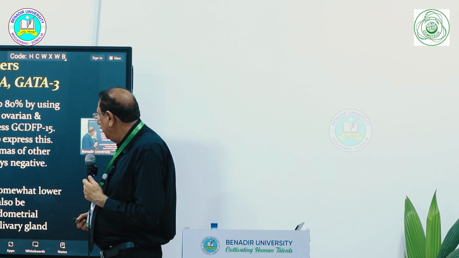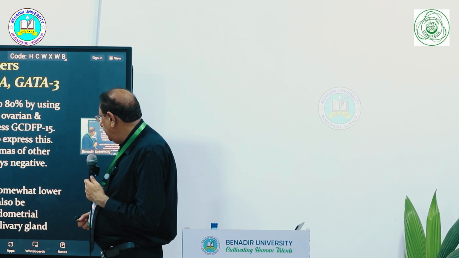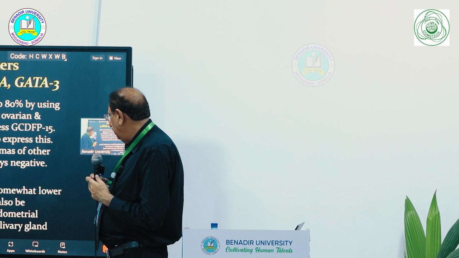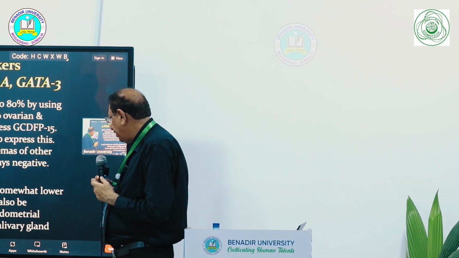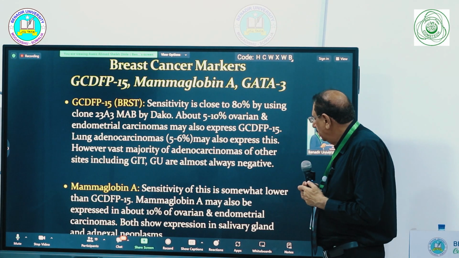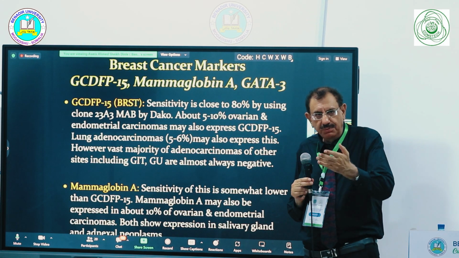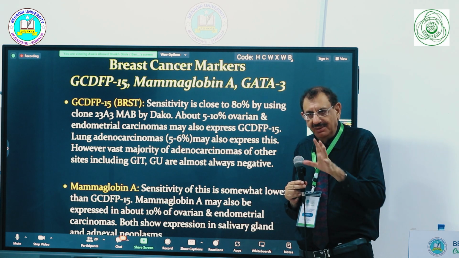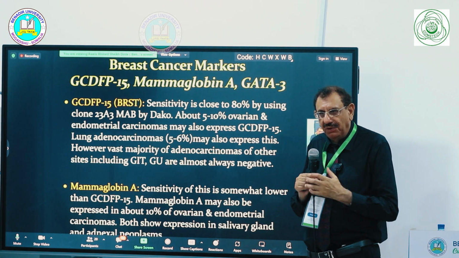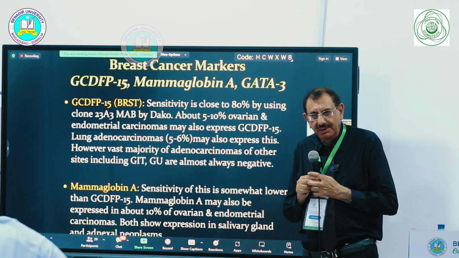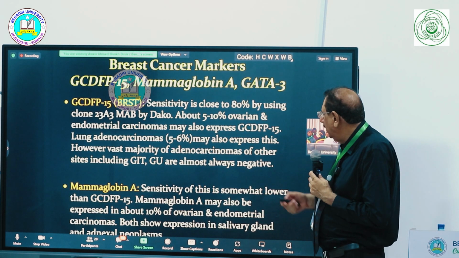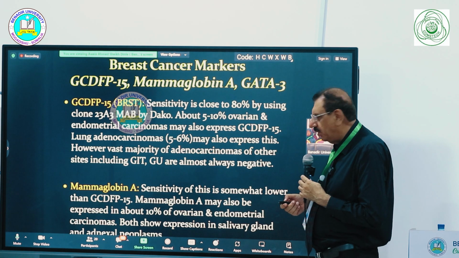Mammaglobin A, sensitivity of this is somewhat lower than BRST, and it may also be expressed in about 10% of ovarian and endometrial carcinomas, right? So again, when you start your immunohistochemistry and you want a critical number of antibodies you would like to order, for breast I won't go for either BRST or mammaglobin.